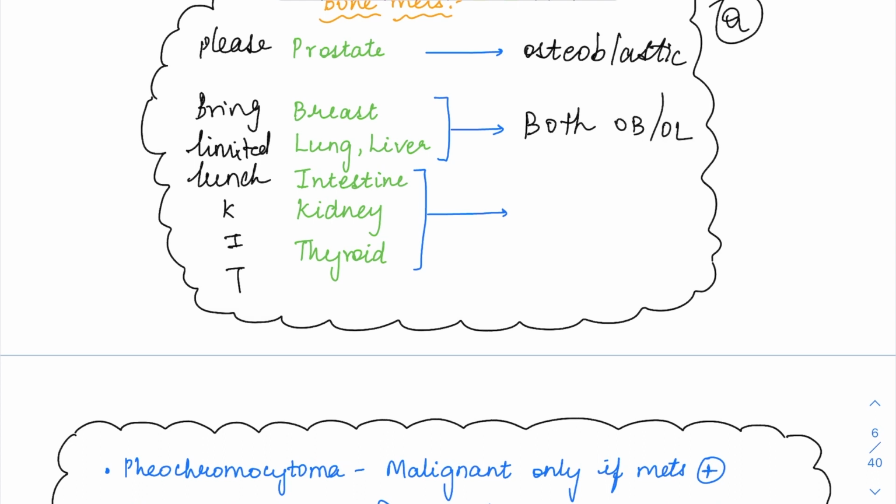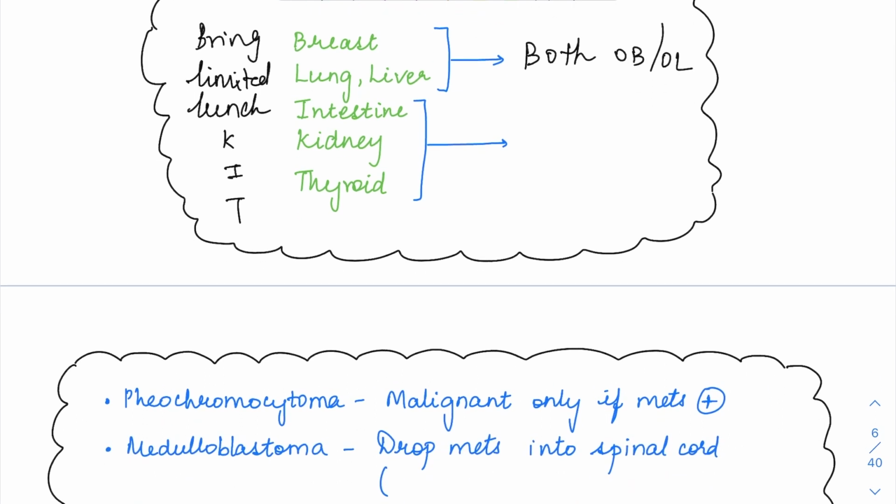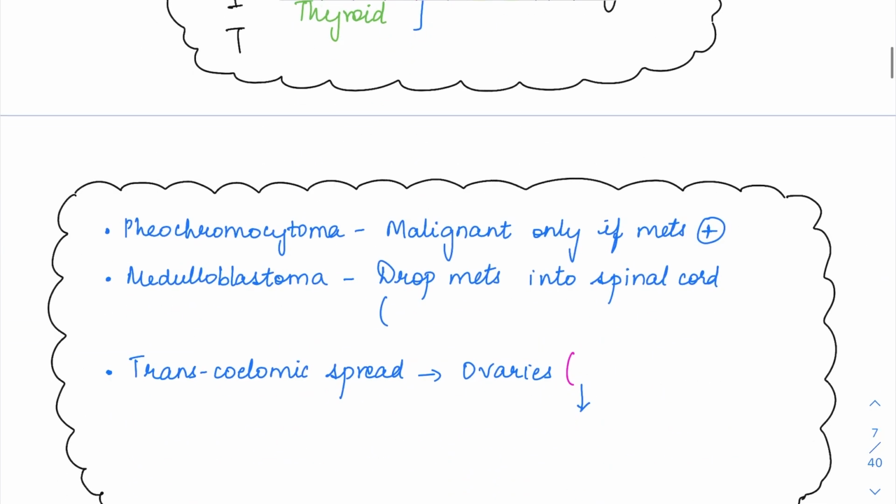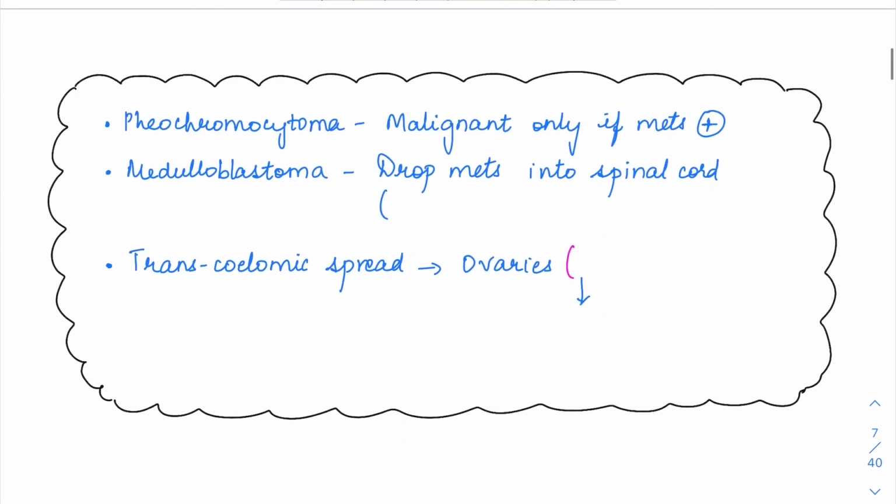While intestine, kidney and thyroid cancers are going to be osteolytic metastasis. So osteolytic metastasis is kidney, intestine and thyroid. Prostate causes osteoblastic metastasis, while breast, lung and liver cause both osteoblastic and osteolytic metastasis to the bone.